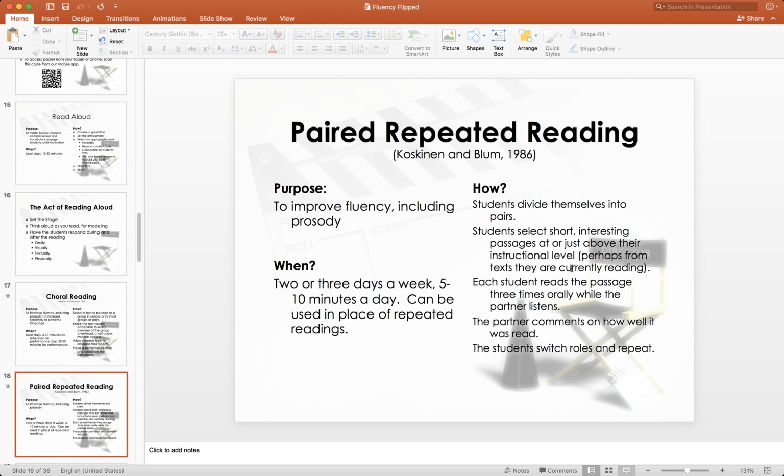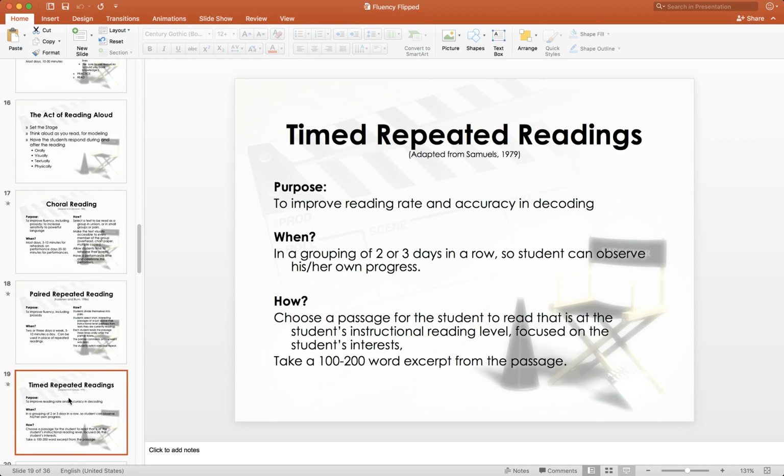You can select a short passage or something interesting, preferably just above their instructional level. And then you have each student read the passage three times orally while the partner listens. And then the partner comments on how well it was read. Did it sound like talking? Did it have great expression? Was it slow? Was it fast? And then the students switch roles. And so they're giving each other feedback.